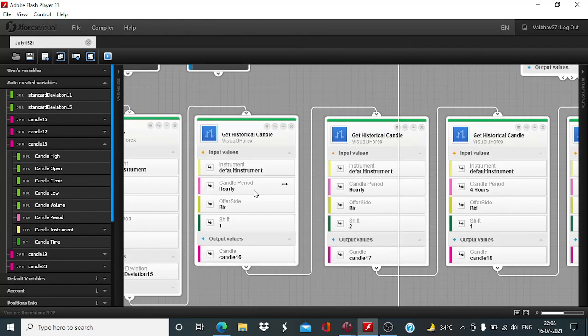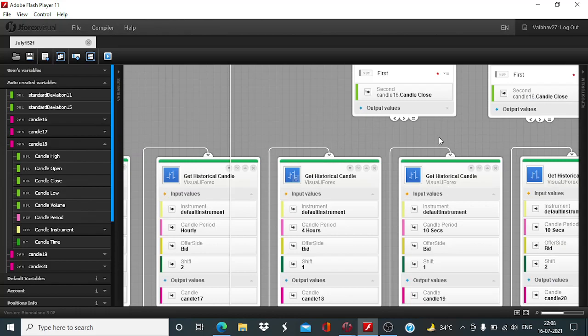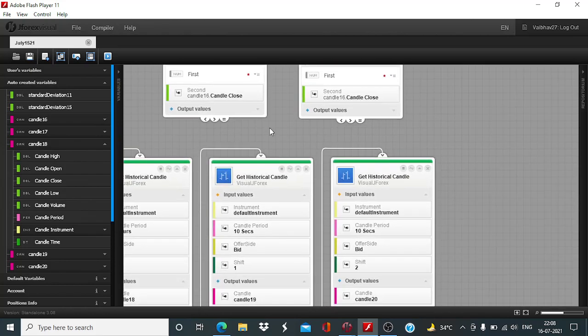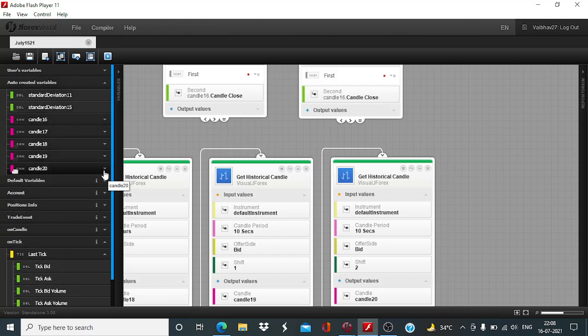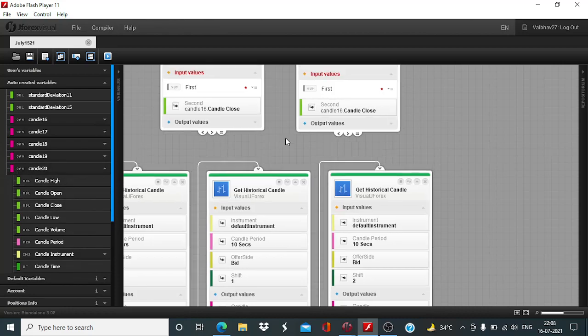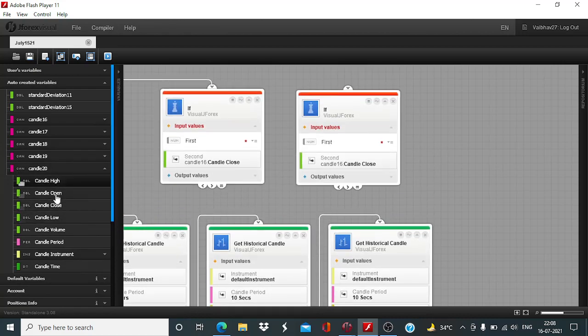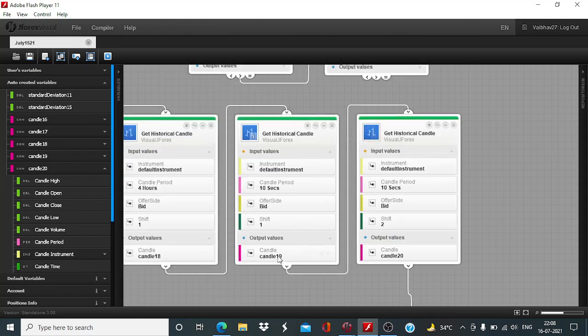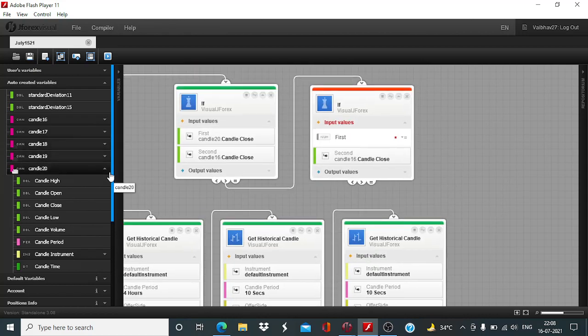Candle 16 is the last hourly candle, and the candle 20 candle close should have a higher value. First input greater than second input, and candle 19 should have closed lower.